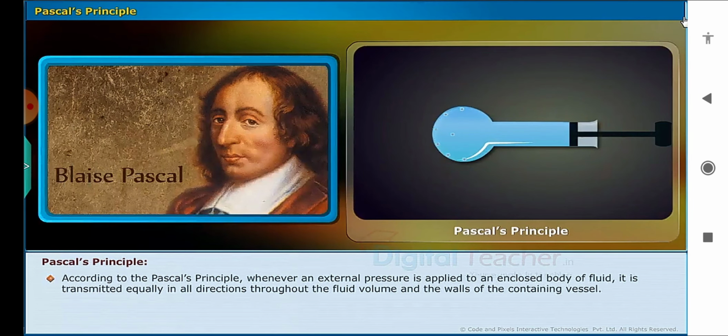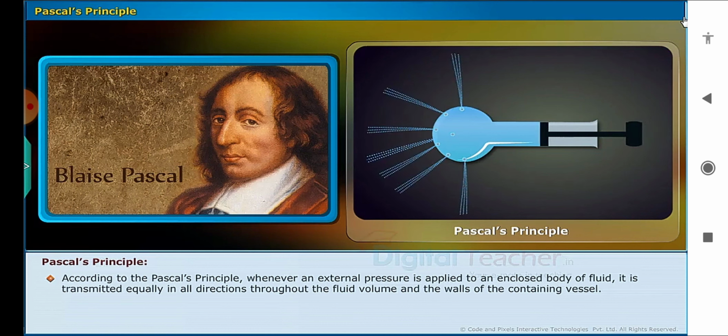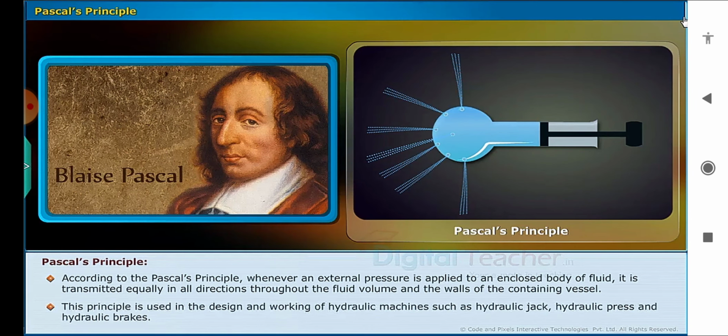According to Pascal's principle, whenever an external pressure is applied to an enclosed body of fluid, it is transmitted equally in all directions throughout the fluid volume and the walls of the containing vessel. This principle is used in the design and working of hydraulic machines such as hydraulic jack, hydraulic press, and hydraulic brakes.